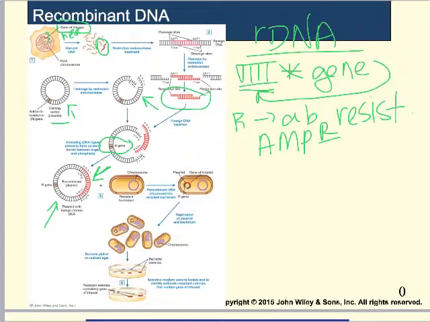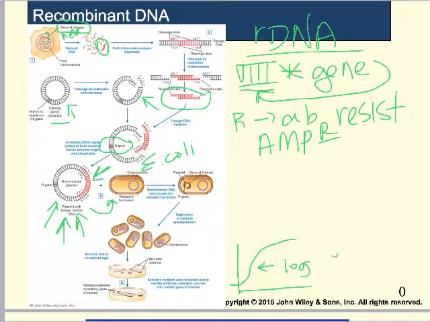Now what you can do is take this plasmid and put it into an organism. So we're going to put it into E. coli. We're going to take young E. coli, and to make it competent, it's got to be at log phase.